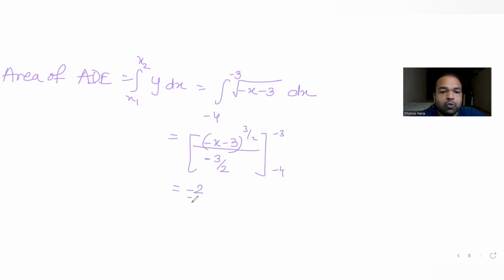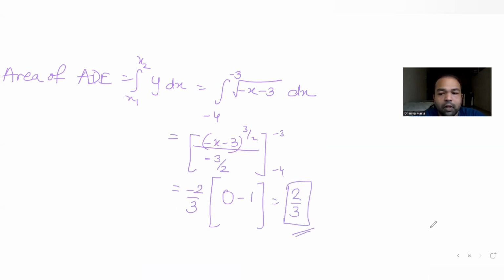So you get minus 2 by 3. Here if you substitute minus 3, first you get minus of minus 3, that is 3, 3 minus 3, 0. Minus, if you substitute minus 4, you get minus of minus 4, 4. 4 minus 3 is 1, 1 raised to 3 by 2 is 1. You get the area is 2 by 3.